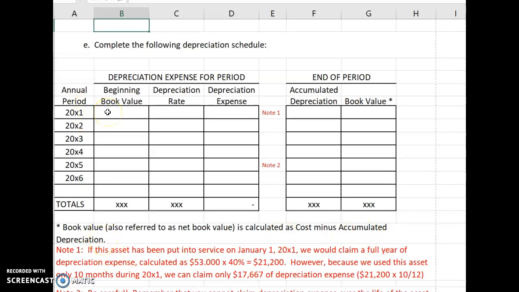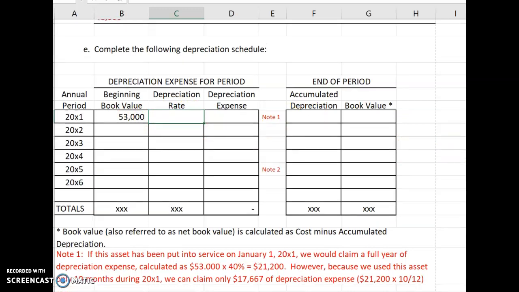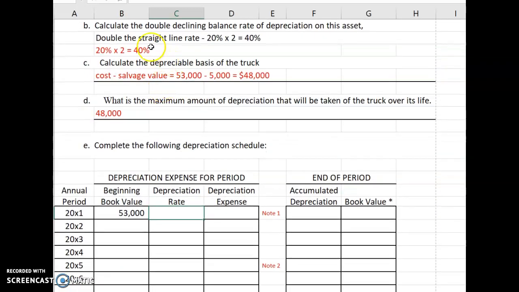In year 1, we didn't have any accumulated depreciation at the beginning of X1 because it's a brand new asset. So $53,000 of cost minus 0 accumulated means our beginning balance is $53,000. What's our rate of depreciation? Double the straight line rate? Well, we calculated that up here at 40%.